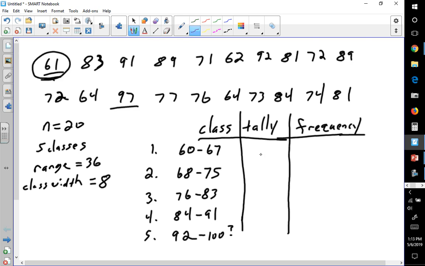So let's take each of our pieces of data and put them into classes.